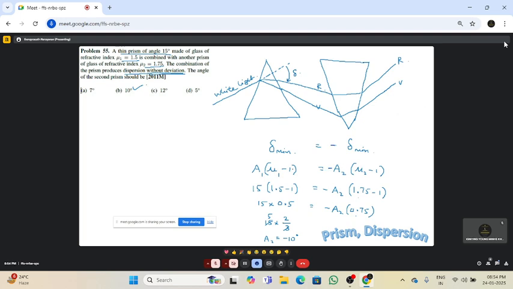So directly apply the formula and find out A2. Why is there a minus here? Because it is inverted, we are putting a minus. But the angle of prism is always a positive value. So we will choose only this one. Any doubts? They have asked this kind of question at least some 3 or 4 times.